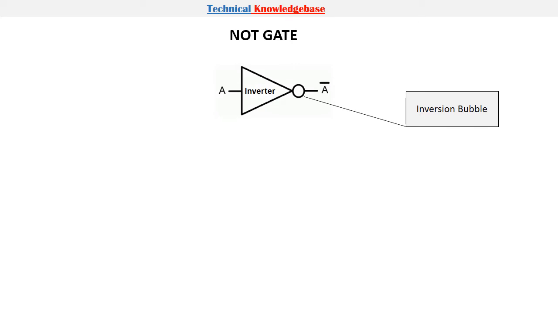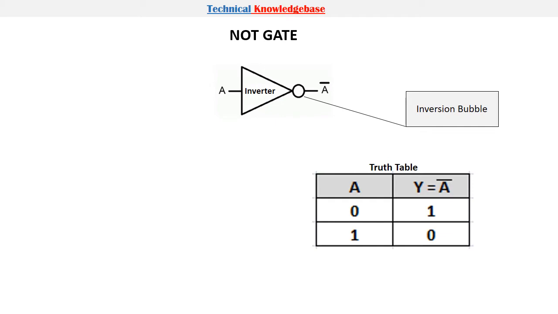See the truth table for the NOT gate. We get output 0 when input is high and vice versa. When input is 0, the output is 1, and when input is 1, the output is 0. That is the NOT gate: the output is exactly the complement of the input.